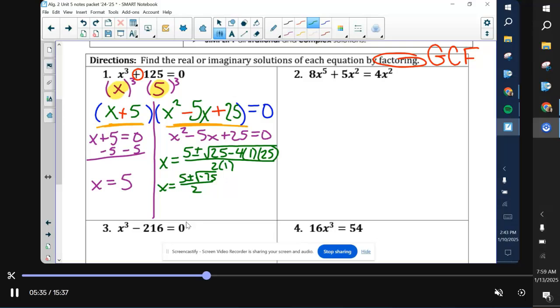So you should have ended up with negative 75 underneath your radical. And then we simplify that.